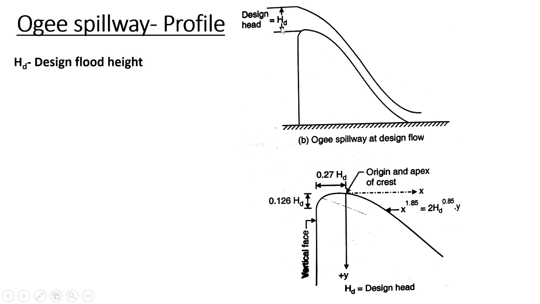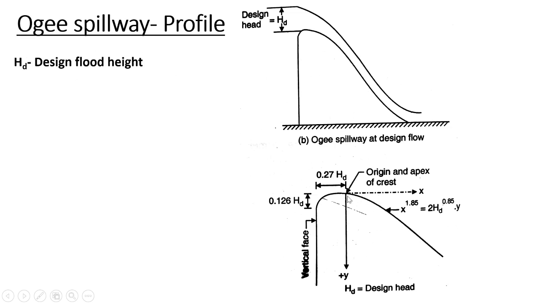That design head is denoted by capital H suffix D, HD. So HD is the design flood height. Based on this design flood height, we are designing the profile of an Ogee shaped spillway.